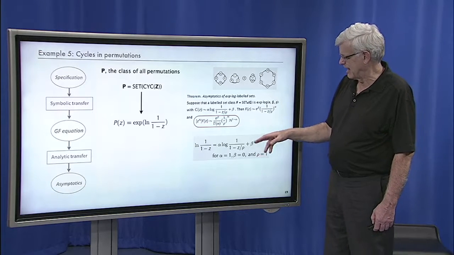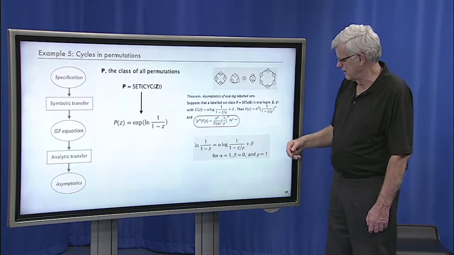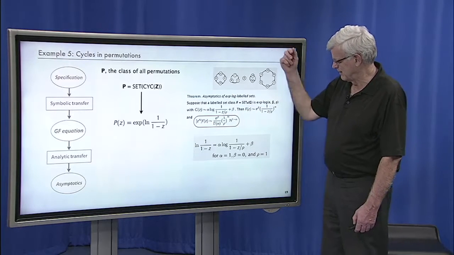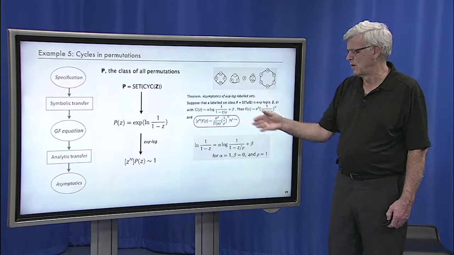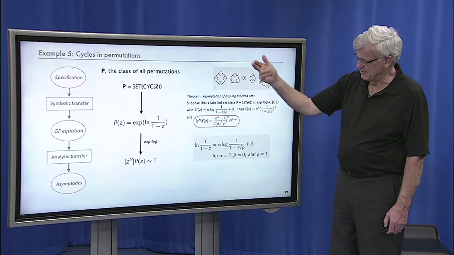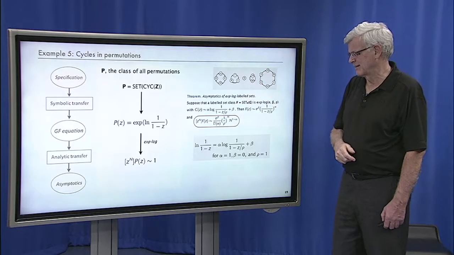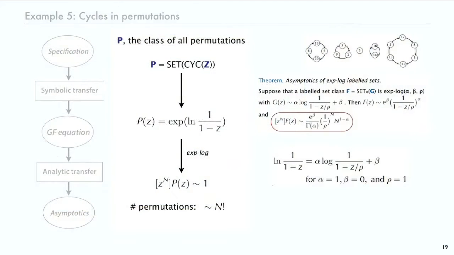So we just plug in alpha equals 1, gamma of 1 is 1, beta equals 0, so that's a 1, rho equals 1, so it's 1 to the n, and all that's left is 1 from XBLOG. So coefficient of z to the n of P of z is asymptotic to 1, and it's exponential, so the number of permutations is asymptotic to n factorial.